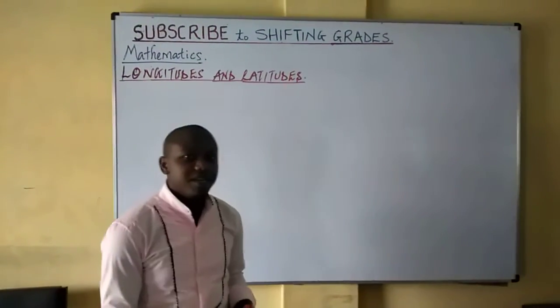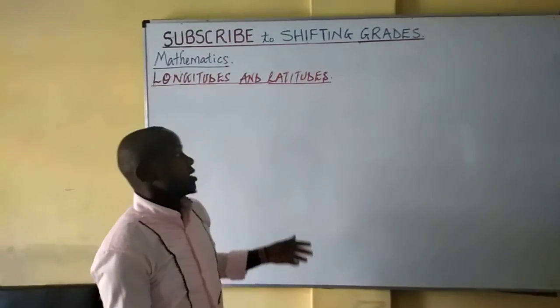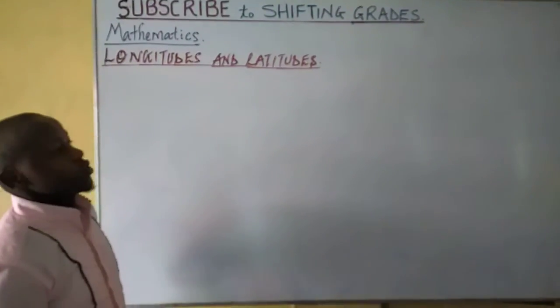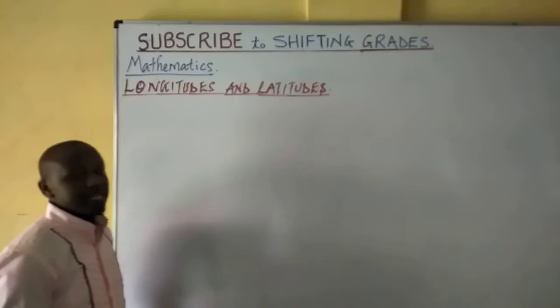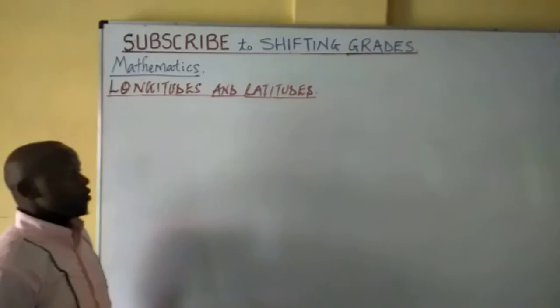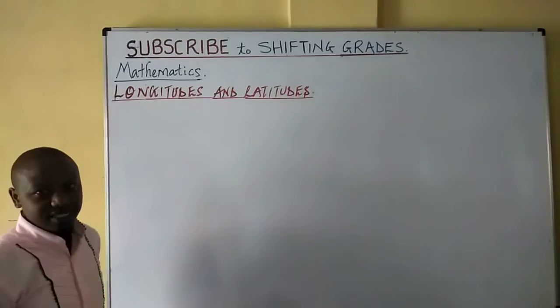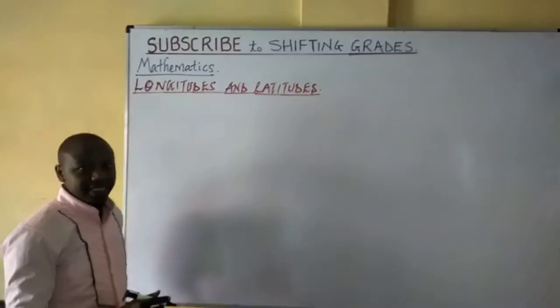Yesterday we began the topic, and one of the major things we stated in the previous lesson, and I would like to emphasize, is how to locate a place on the Earth's surface.